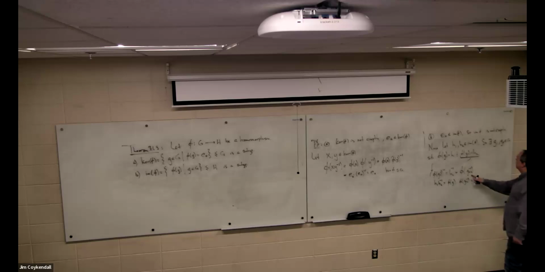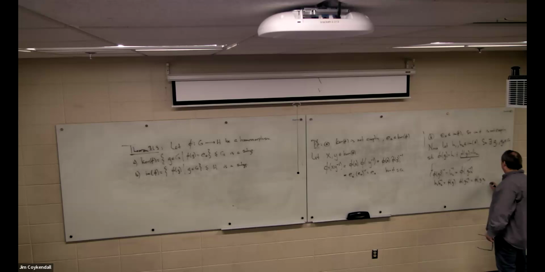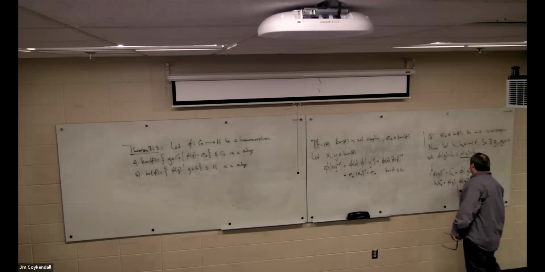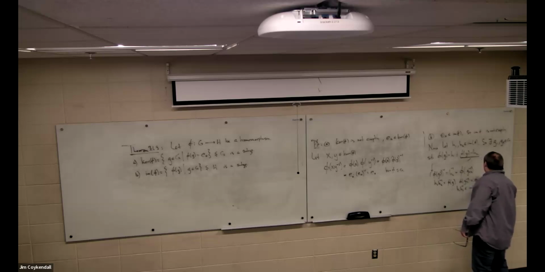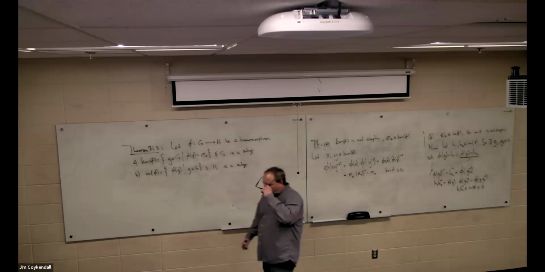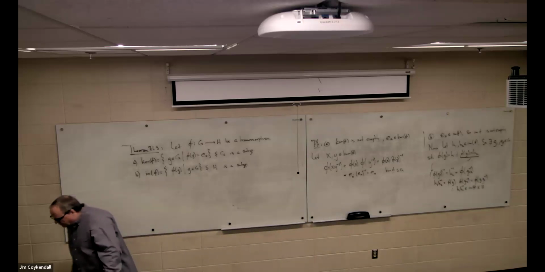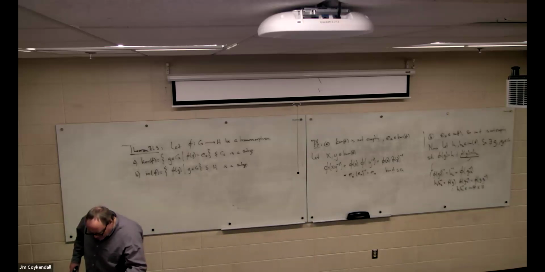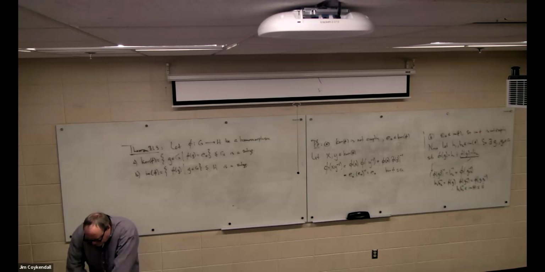I wrote a 1 there when that should be a 2. Therefore, h1 h2 inverse is in the image of phi, which is now a subgroup of H. So once again, the subgroup criteria is satisfied. Okay, any questions on that?